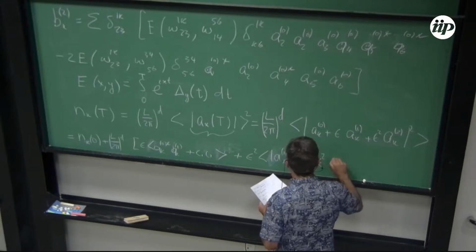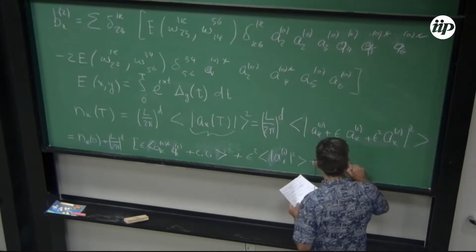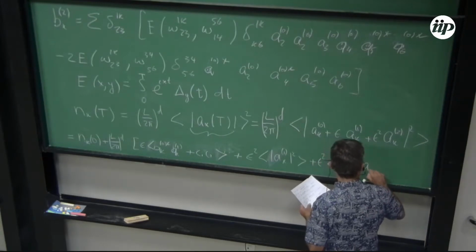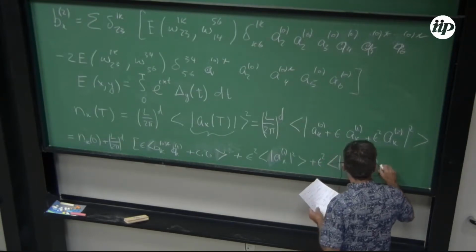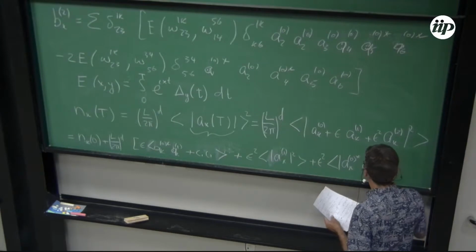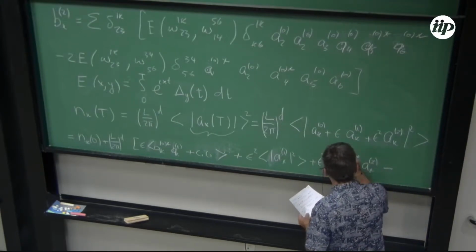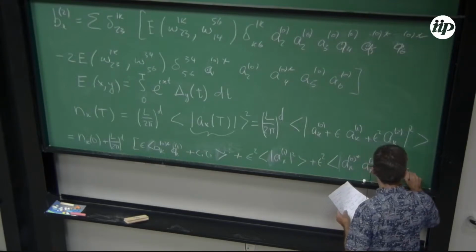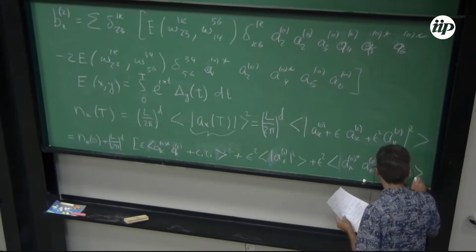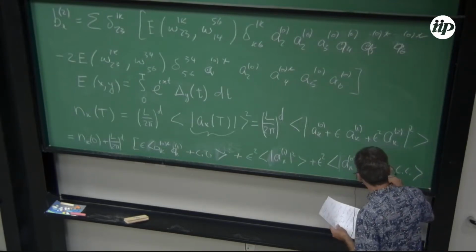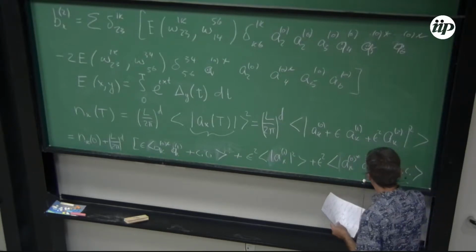There will be two terms, AK0 conjugate AK2, right, plus complex conjugate. So plus higher order terms, dot, dot, dot.